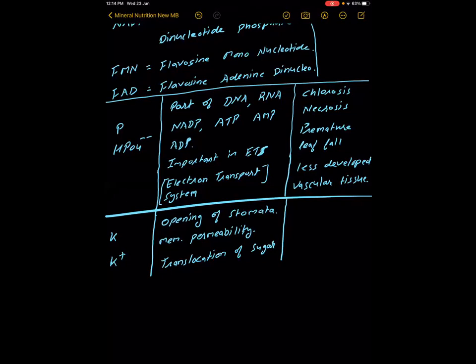And what happens if it is deficient? The plant becomes bushy. Bushy habit is developed, meaning many branches are developed, and it impairs the proper flowering in the plant, so the crop will be destroyed.